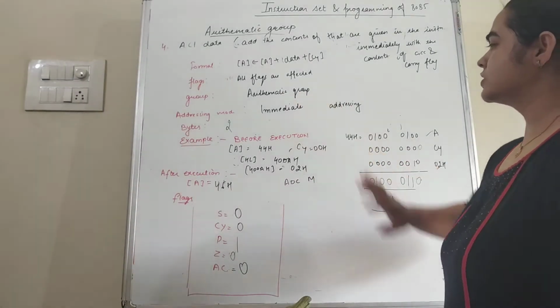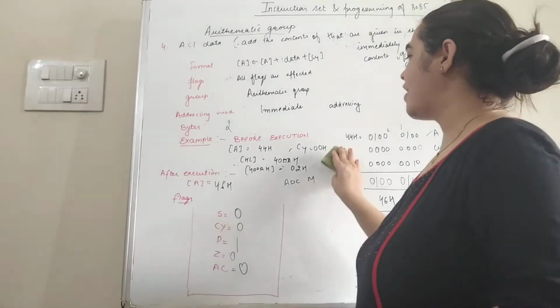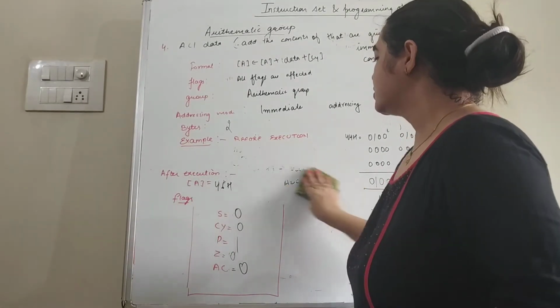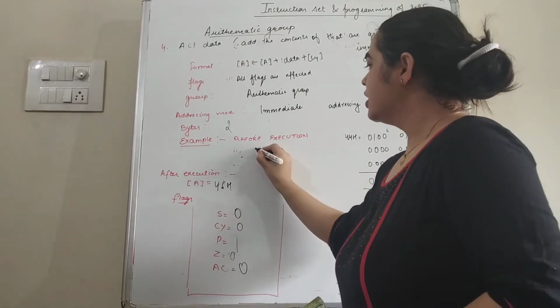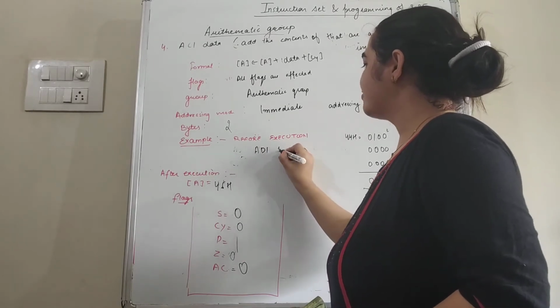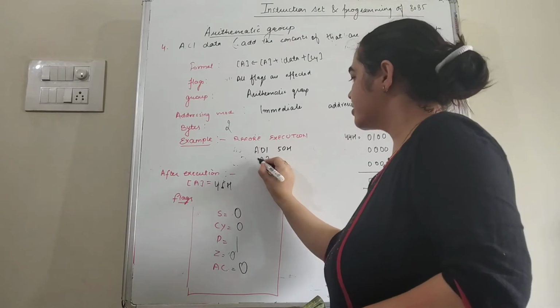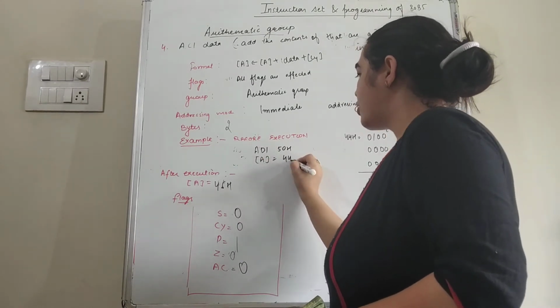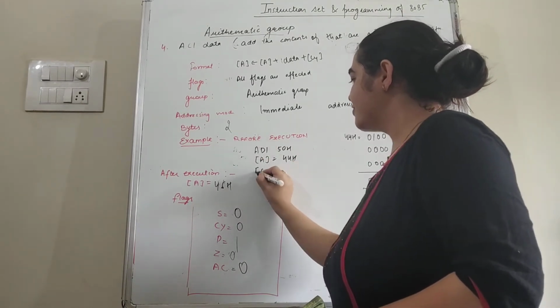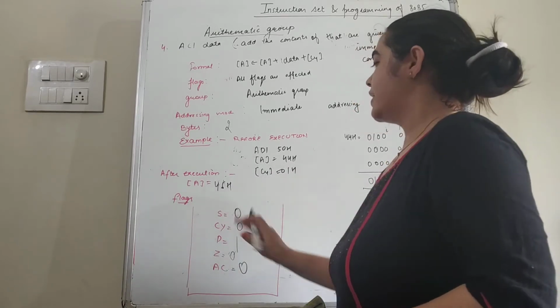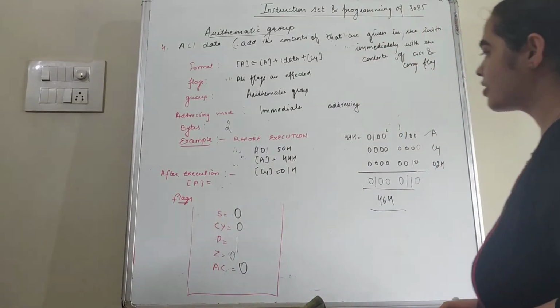Now students, for this instruction, suppose we have the instruction ADI 50H, and in the accumulator we have the contents 44H, and in the carry flag we have the value 01H. After execution, what will happen?